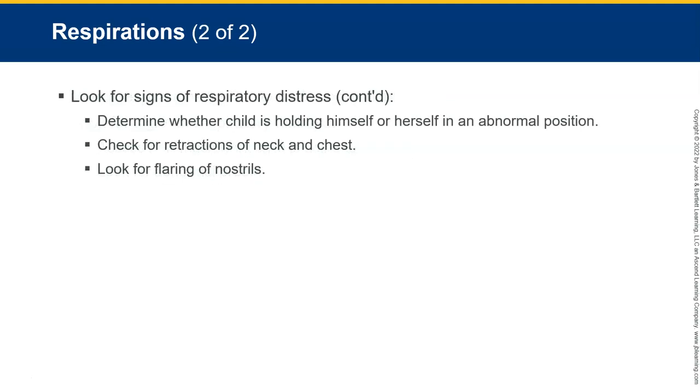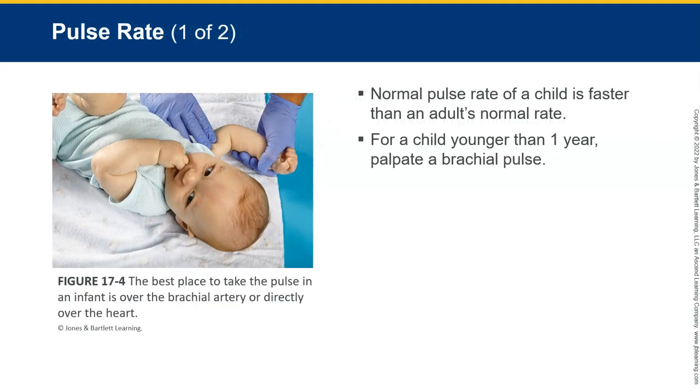So we want to determine whether the child is holding himself in an abnormal position, where I talked to you about how they're sitting. If they're sitting in a weird position that doesn't seem very comfortable or normal, that might tell us something's not quite right. We want to look for retractions of the neck and chest, and then flaring of the nostrils as well when we talk about respirations.